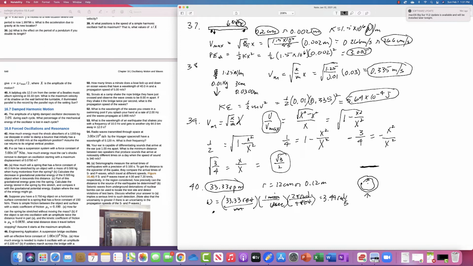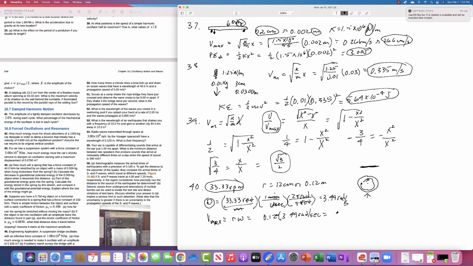So that means that the maximum velocity would be the point where this is equal to the linear velocity, meaning it's going to equal r times omega, which is going to equal 0.12 times 3.49 radians per second.